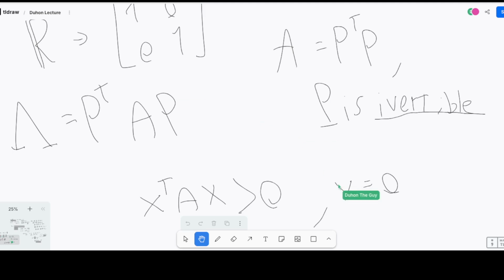Yeah, the dot product is positive definite. So if we have the dot product of a vector with itself, x·x, this is going to be bigger than 0 unless x is equal to 0, of course.